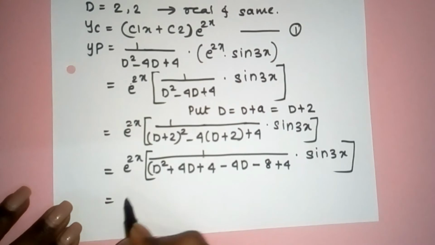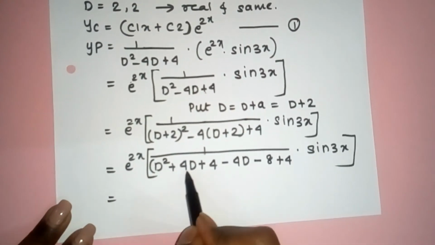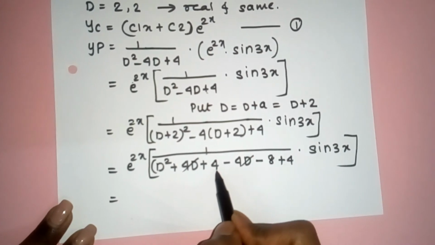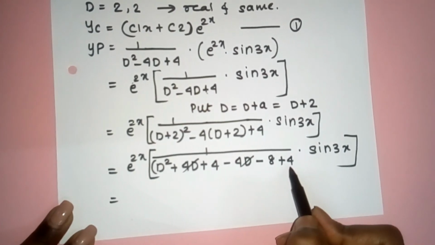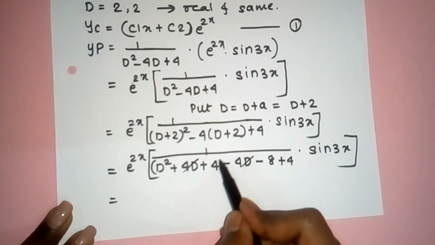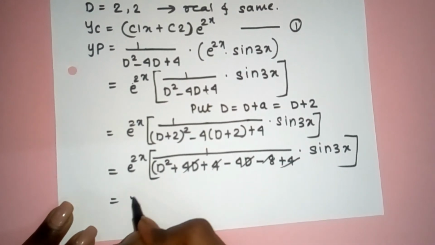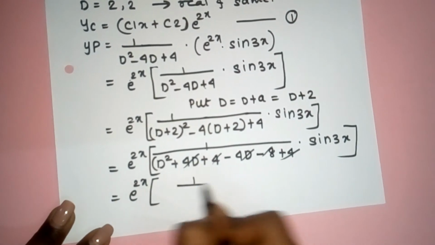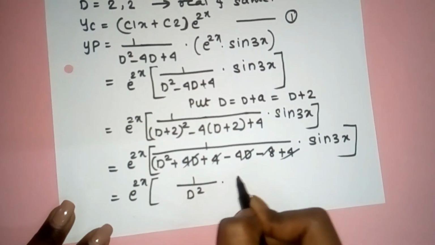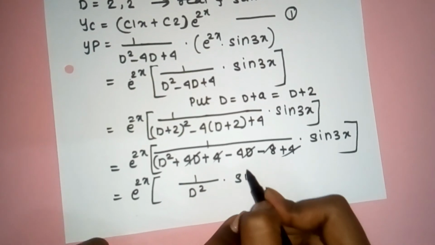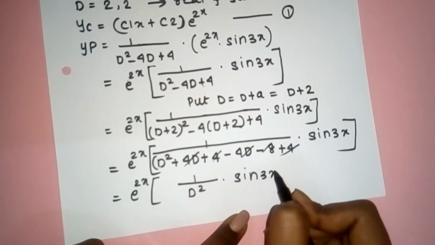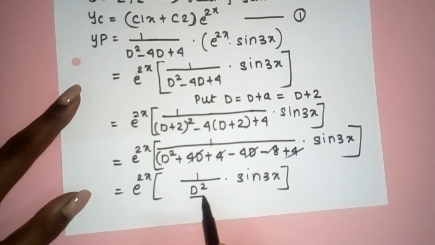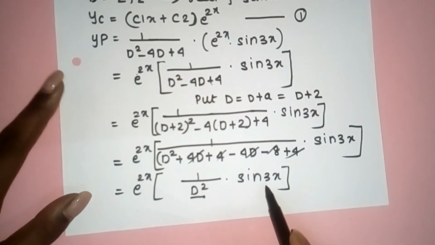Then we can simplify this. Plus 4d minus 4d gets cut. Then 4 plus 4, 8. 8 minus 8 will get cut. Therefore, what remains is e raised to 2x into 1 upon d square into sin 3x.